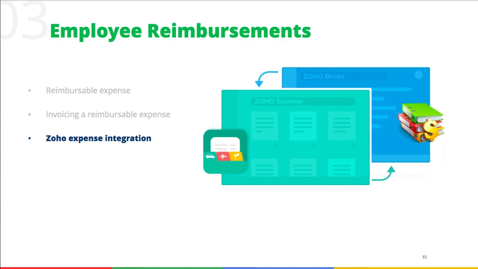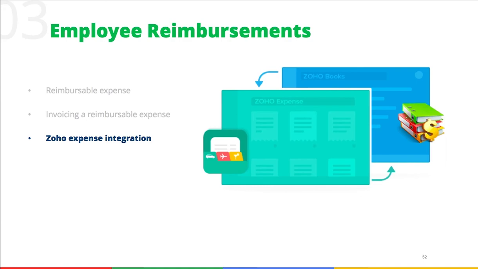We have this philosophy at Zoho: whatever products that we make and ship are all integrated seamlessly, and they talk to each other. This applies across the entire Zoho platform, and especially across all the finance products that we have. So that's the employee reimbursement section of it.